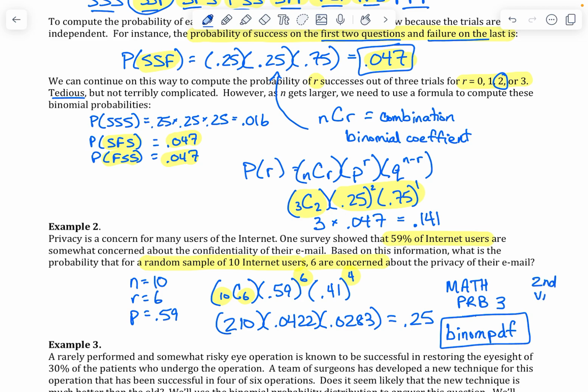And we'll do this next example kind of together. So second vars, you want to go all the way down to what's called binomPDF, which is option A. All right? So we're going to do this next example, example 3, using the same idea, and I think you'll see a nice, easier way to do that.